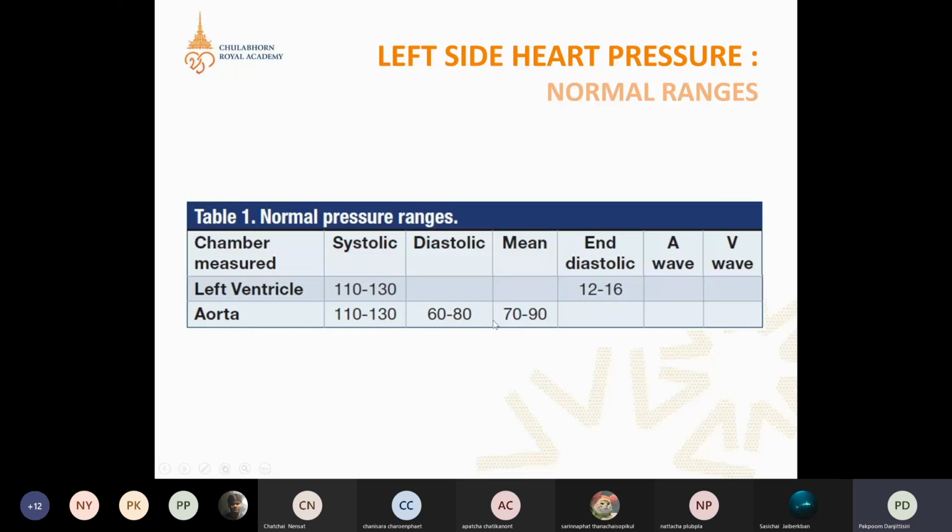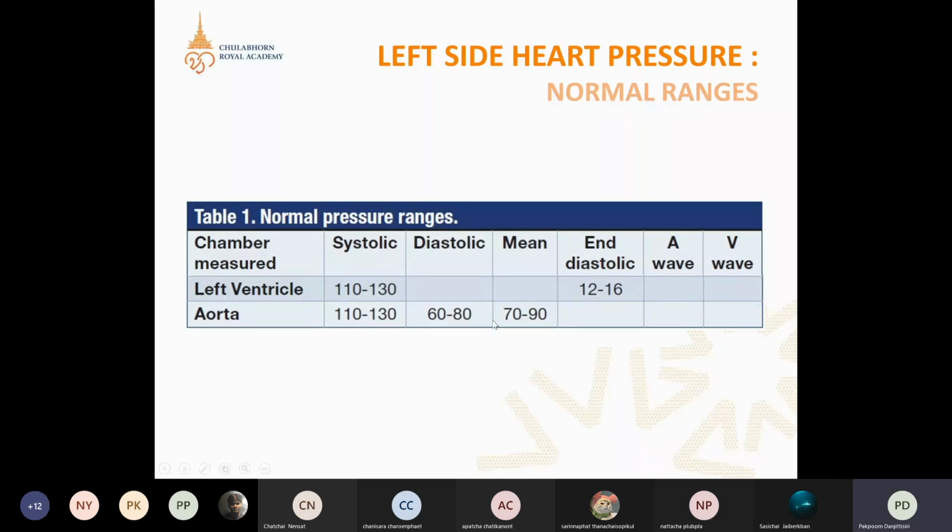But the purpose is that I want you to be able to tell the doctor what the doctor requires. For example, if you have to tell the doctor about the aortic pressure, you say systolic over diastolic, right?